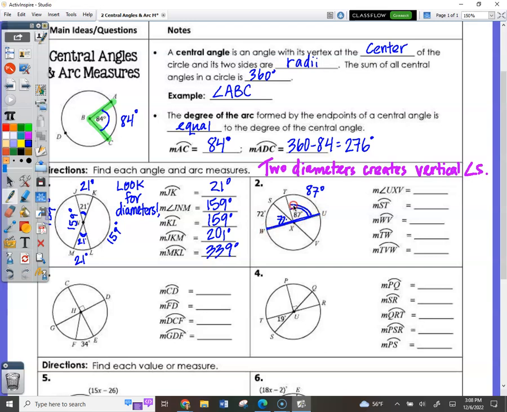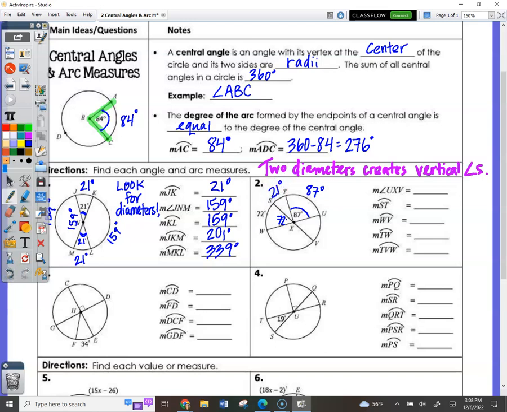So from here to here would measure 180. So same concept. That diameter from here to here is 180, and I'm only missing one chunk. So 180 minus 87 minus 72 is 21.